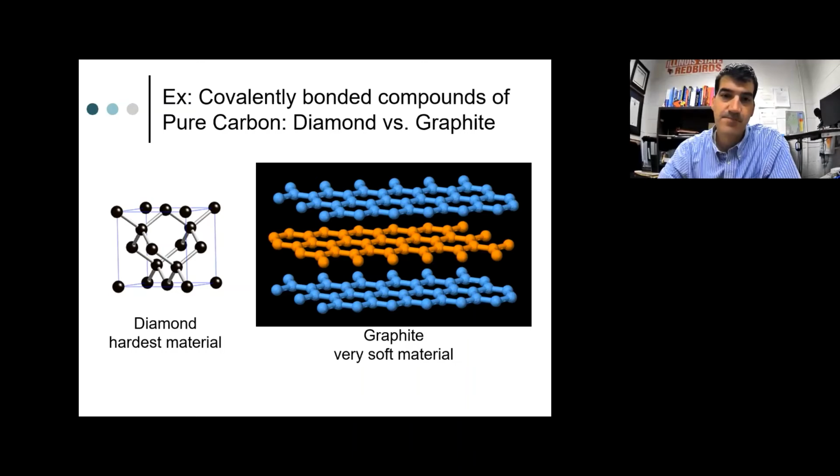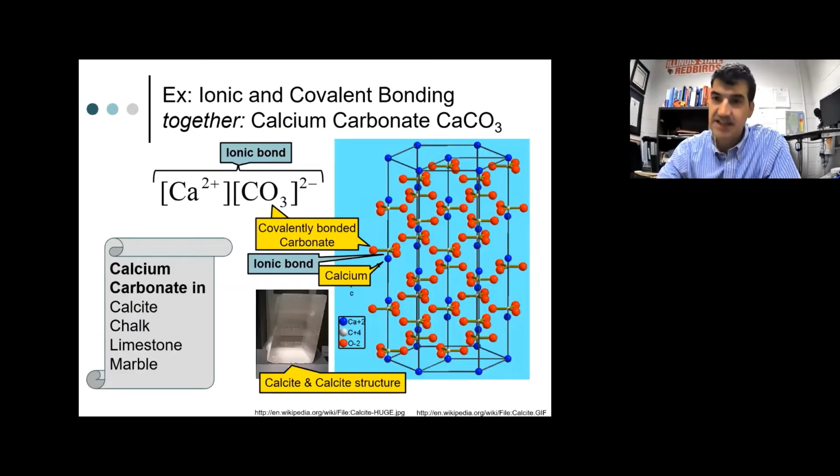We'll get to that. All right, I want you to realize that you can have materials that have both ionic bonds and covalent bonds together in the same material. Here's an example of that. This is real common in lots of different natural materials. It's called calcium carbonate. You can think of this as basically being the chalky substance. It's mainly what chalk is made out of. You can write on it. It leaves the residue on the chalkboard.